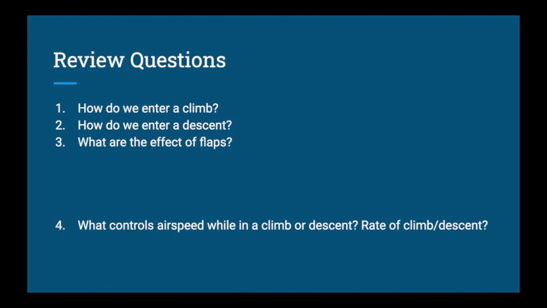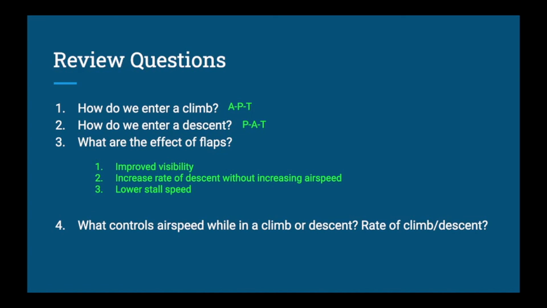Final review questions. How do we enter a climb? Well, attitude, power, trim. How do we enter a descent? Power, attitude, trim. What are the effects of flaps in a descent? Well, it's going to lower the stall speed. It's going to give us better, improved visibility, and it allows you to increase the rate of descent or lower the nose without increasing airspeed.